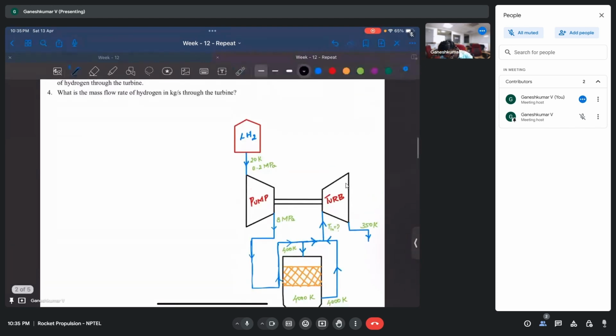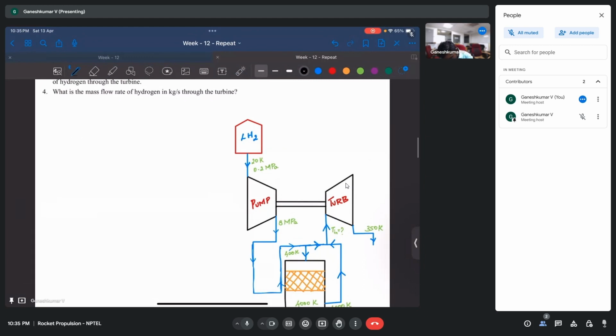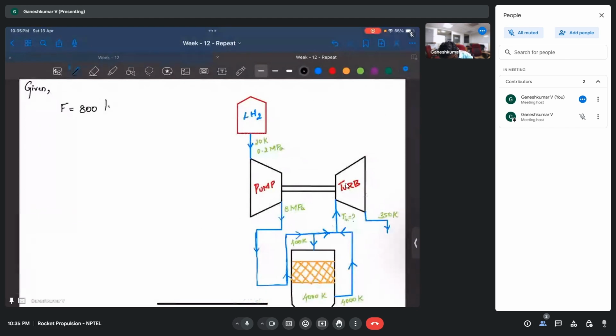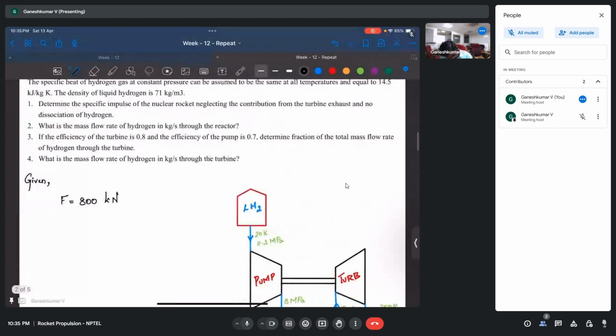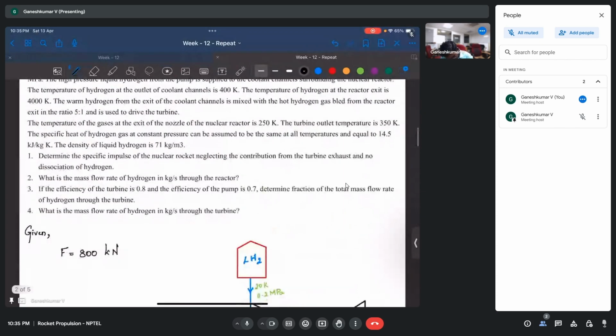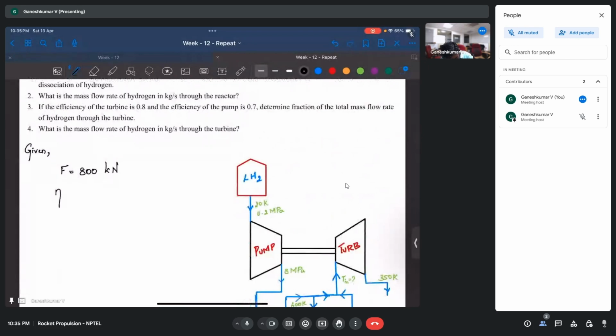In addition, there are a few more inputs given. Let me quickly address those also. The thrust of this nuclear reactor is 800 kilonewtons. The efficiencies are given: efficiency of turbine is 0.8, and efficiency of pump is 0.7.